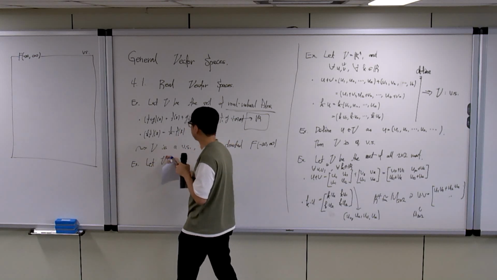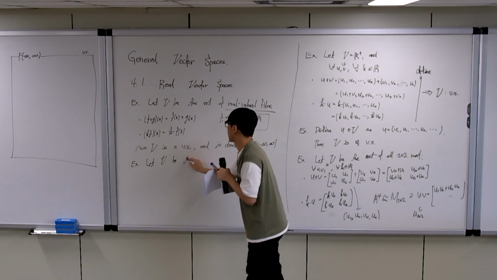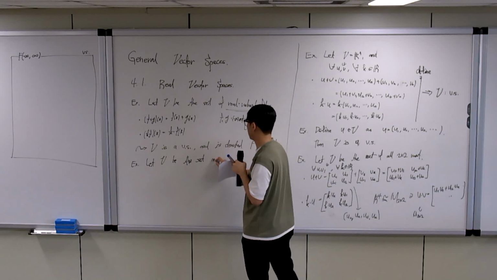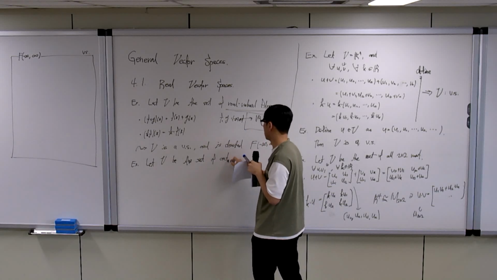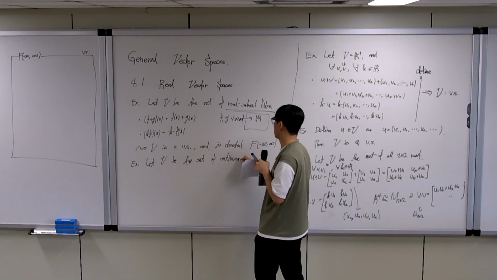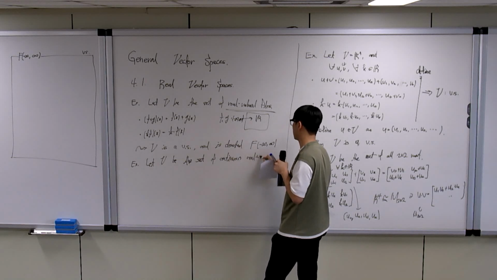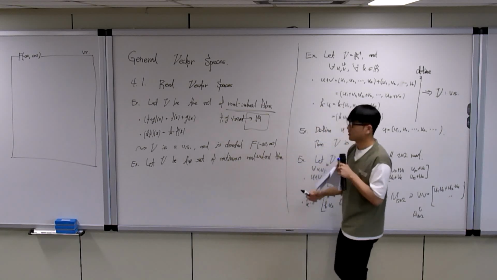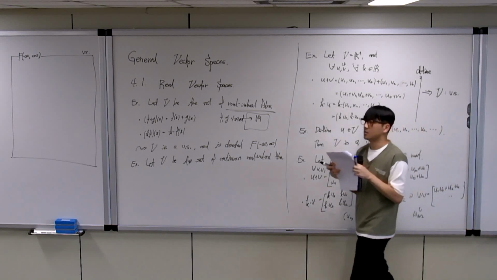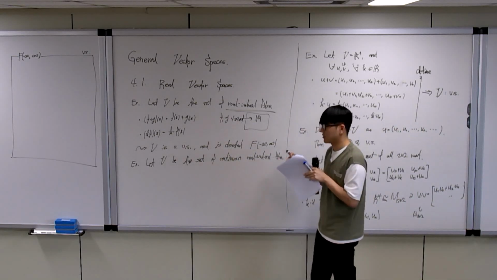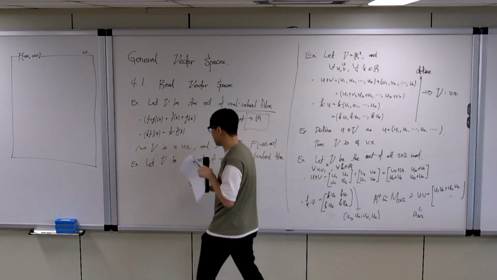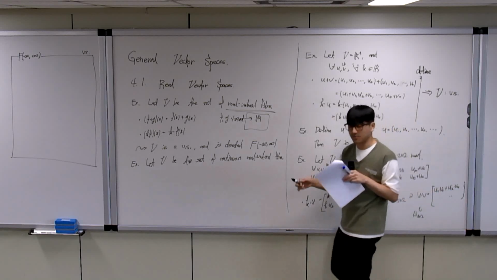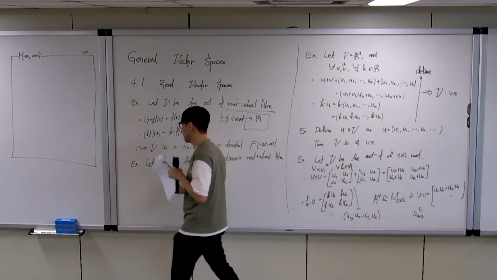Okay. Let V be the set of continuous real valued functions. In your real analysis class, you might have learned that the sum of continuous functions is also a continuous function, so it is closed.